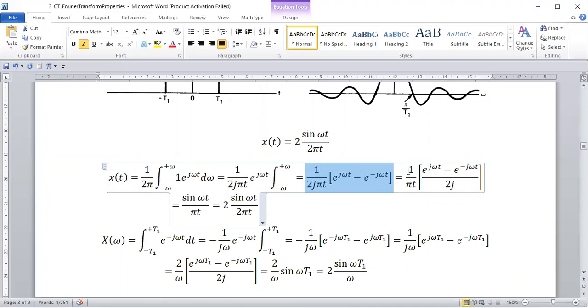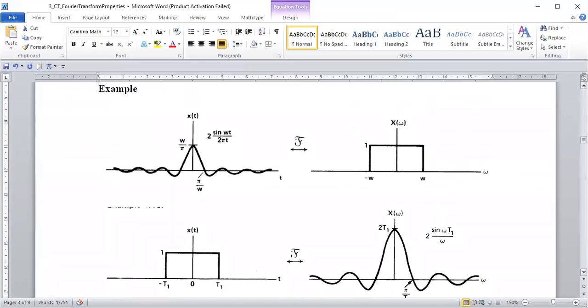Then collecting the 2j towards this side, we're going to arrive at this. Then we know that this expression is a sine. Then we replace it with a sine. Then when we do some rearrangement, we're going to get this. So it simply means that the inverse Fourier transform of this is given by this.